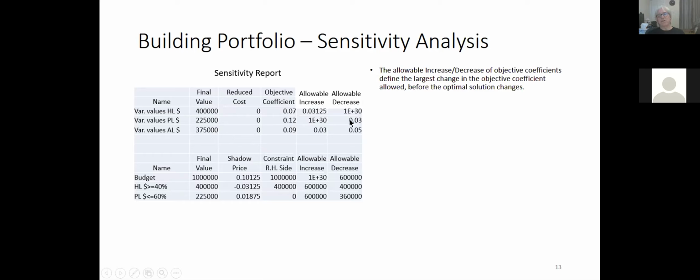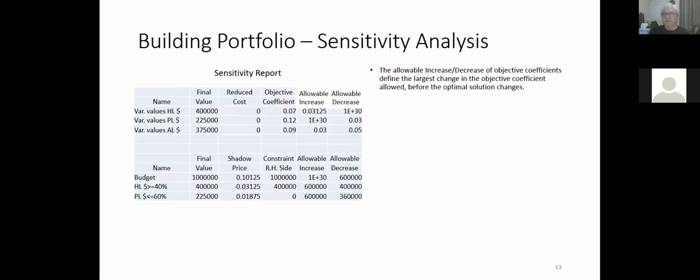Because the allowable decrease is 3%. If you drop it by 4, you drop it too much. Up to a 3% drop of the rate of return, this solution will remain optimal. But if you go beyond the 3% drop, now you will have a change in the optimal solution.